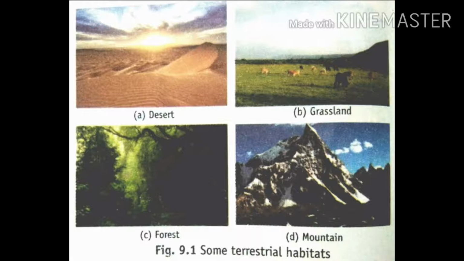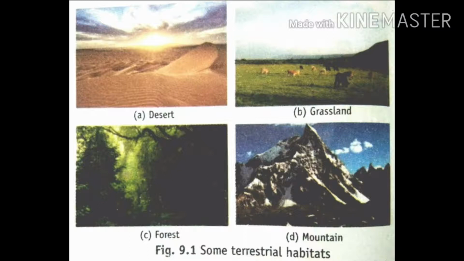See this picture. Desert, grassland, forest and mountain. These are the types of terrestrial habitat.